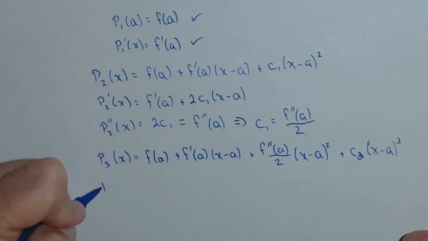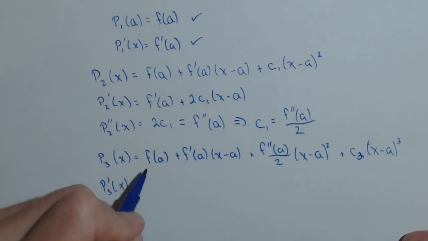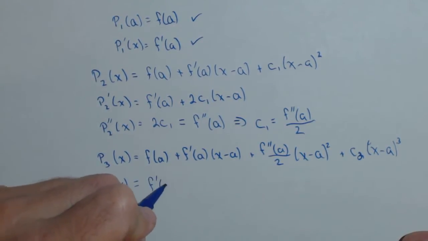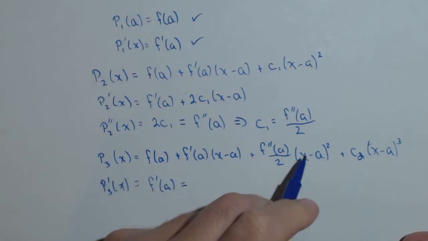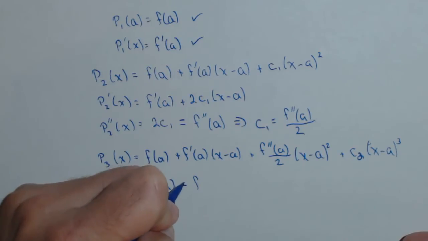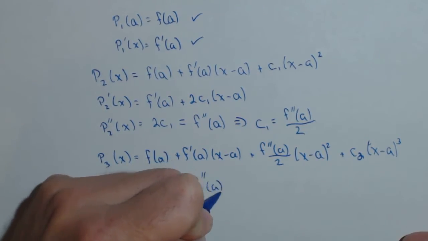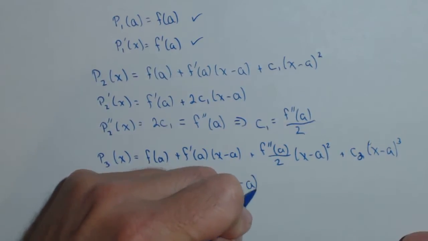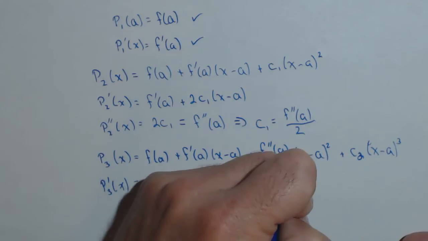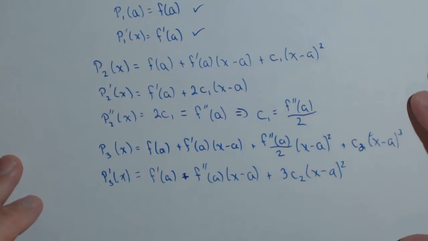Well, let's see what happens when we start taking the derivatives. The first derivative, this goes away. We know that that's just f prime of a. We've done this before. We know the 2's are going to cancel there, and we're going to get, oops, that should be a plus, f double prime of a times x minus a plus 3c2 times x minus a squared.